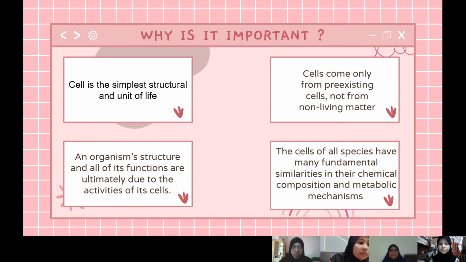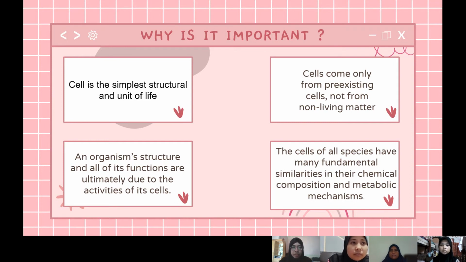The cells of all species have many fundamental similarities in their chemical composition and metabolic mechanisms. Knowing that all living things are made of cells allows us to understand how organisms are created, grow and die. The information helps us understand how new life is created, why organisms take the form they do, how cancer spreads, how disease can be managed and more.